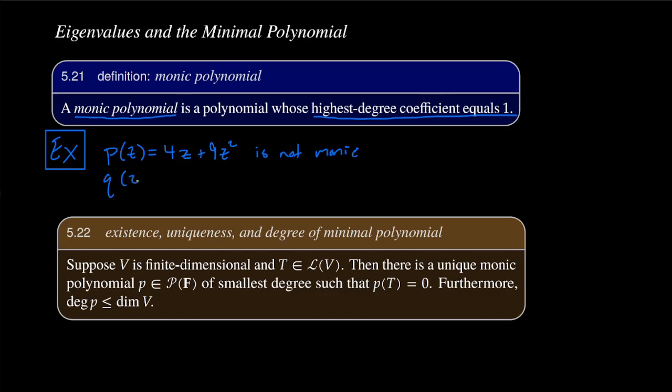However, q of z, which maybe let's do it like 5z plus 11z squared plus z to the 7th, is monic. That is, pick the z with the highest power. Does it have a 1 next to it? If the answer is no, it's not monic. If the answer is yes, it is monic. Bada boom. Monic just means the coefficient on the highest power of z is 1.